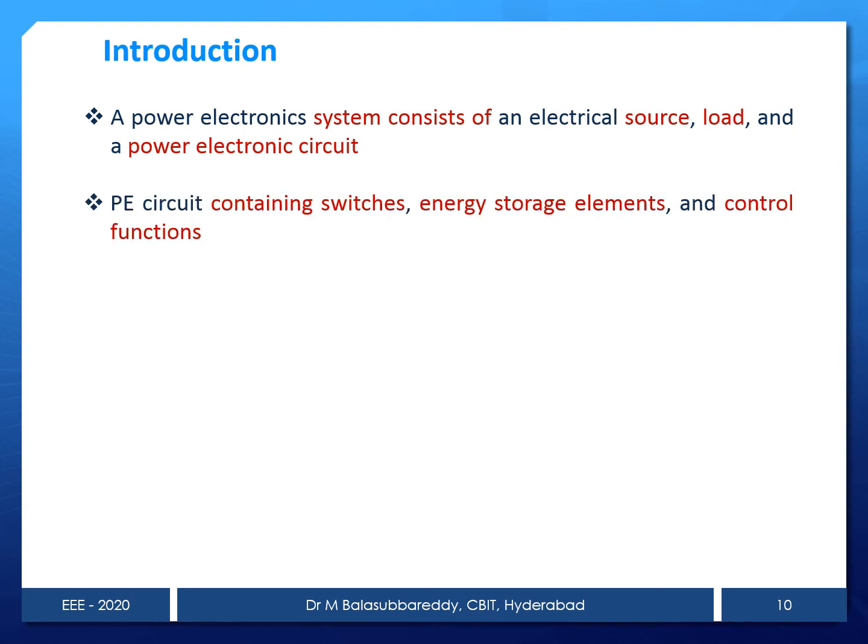And this controller, because total power electronics is a block diagram, I can say has an input, an output, and a power electronics controller. Inside that controller, whether it is a chopper, a cycloconverter, an AC voltage controller or an inverter, it consists of switches, energy storage elements, and a control function.